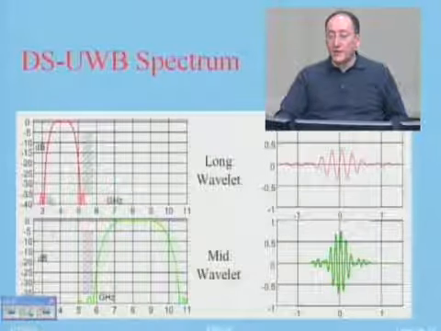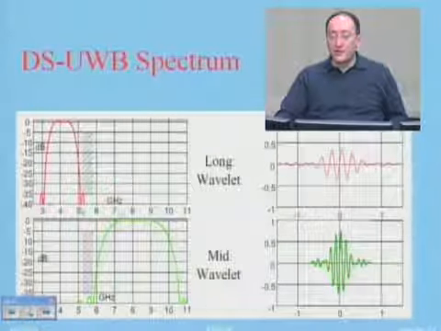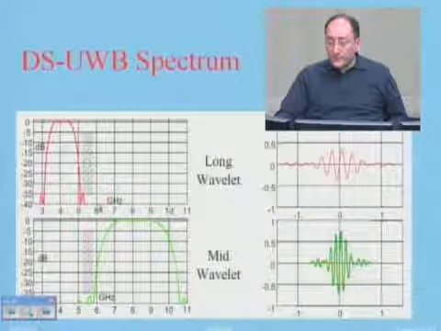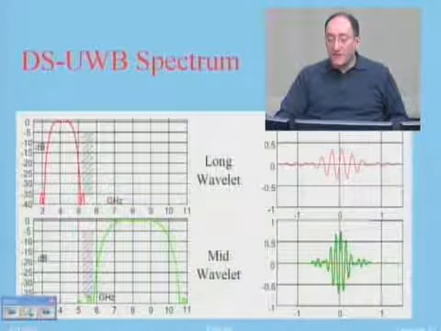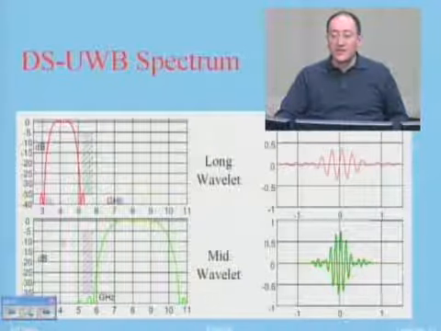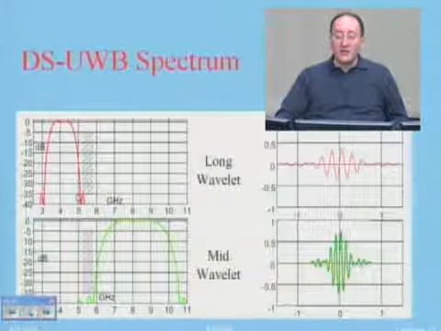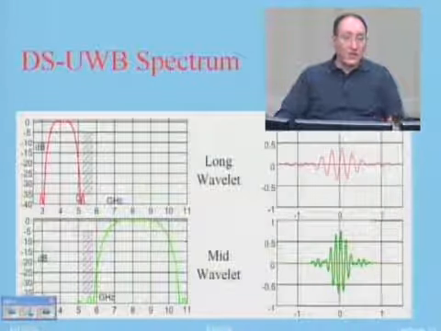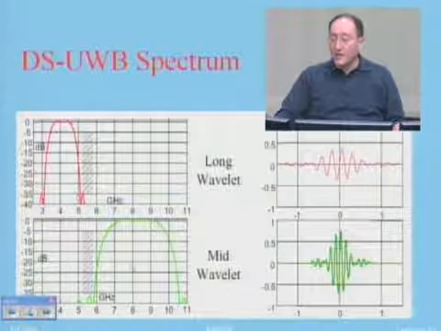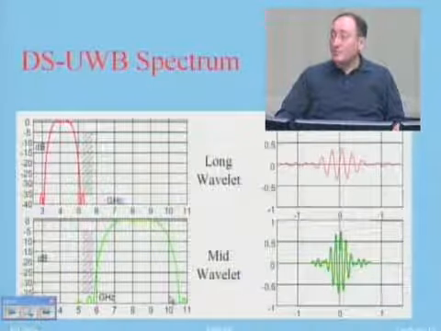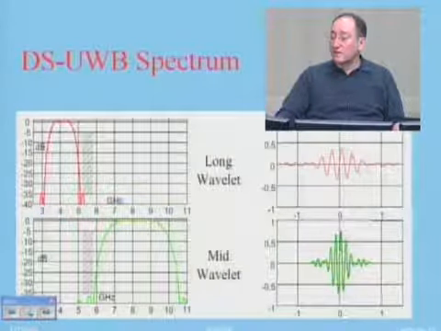Now, okay, I have 2 gigahertz in here, and I have like 4 gigahertz bandwidth in here. The chip rate that I can run in here is around 1 gigachip per second. In here it is around 2 gigachip per second of pulses like this.